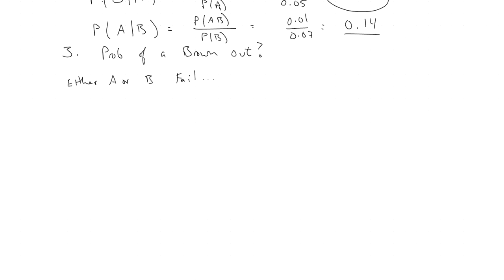So probably A or B. And this is getting back to that generalized addition rule. Probability of A plus the probability of B minus their intersection. We know that they have an intersection. We know that they're not mutually exclusive.